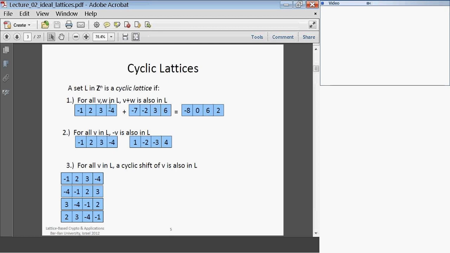So we have two vectors defined on cyclic lattices, and when we look at the operation of adding one vector to another vector, all we're doing is simply performing component-wise addition. We're adding each component to its corresponding component to yield the result. For example, -1 plus -7 is equal to -8. So component-wise addition.